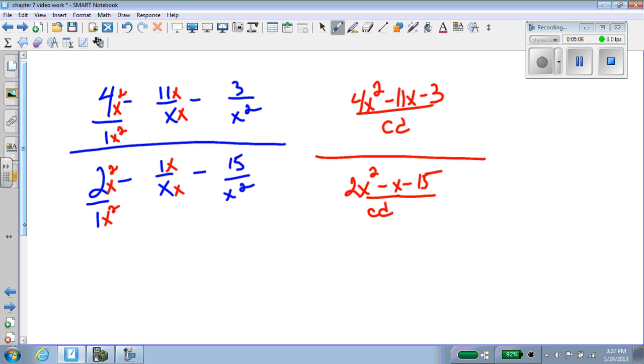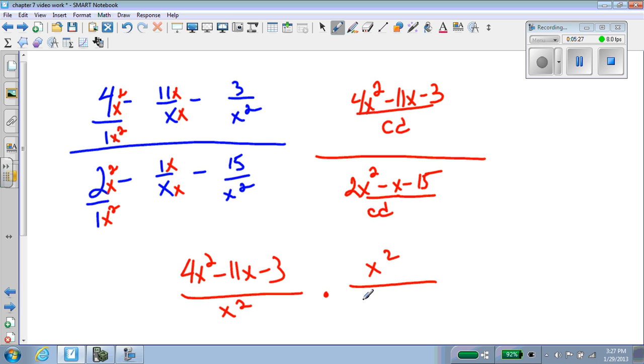So, okay, now what I have is 4x squared minus 11x minus 3 over my common denominator, which was x squared, multiplied by the common denominator for the bottom, which was also x squared, happy accident, over 2x squared minus x minus 15.